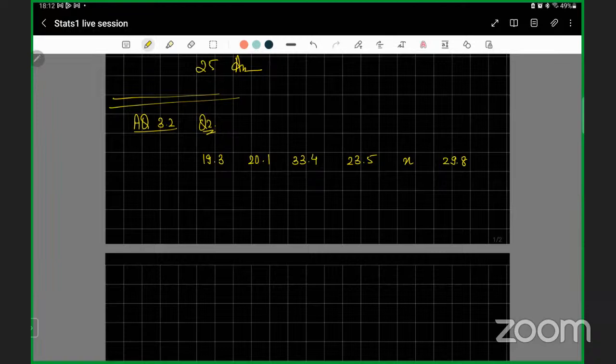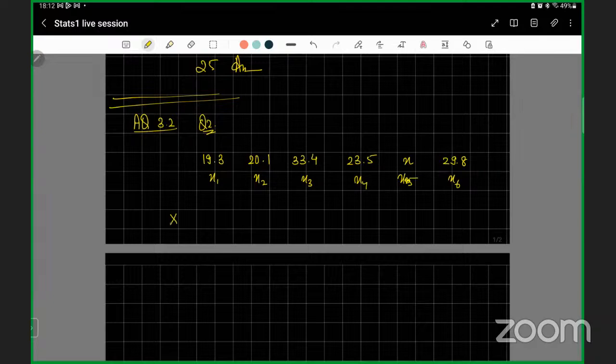And it is said that the mean of this data is 26. So let's say this is our x1, this is x2, this is x3, this is x4, this is x5, and this is x6.